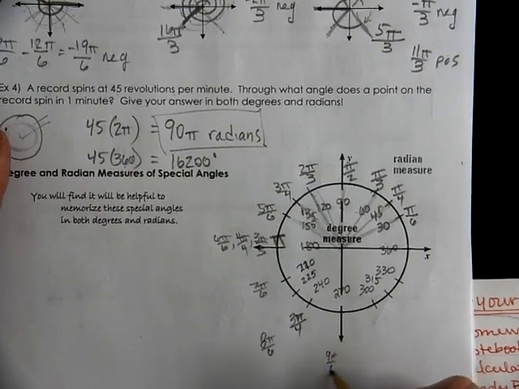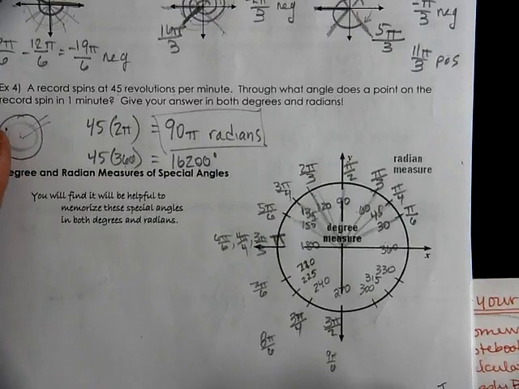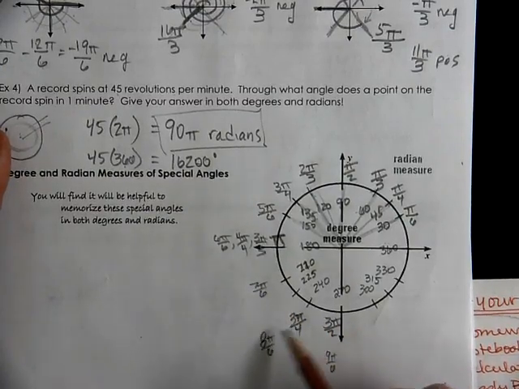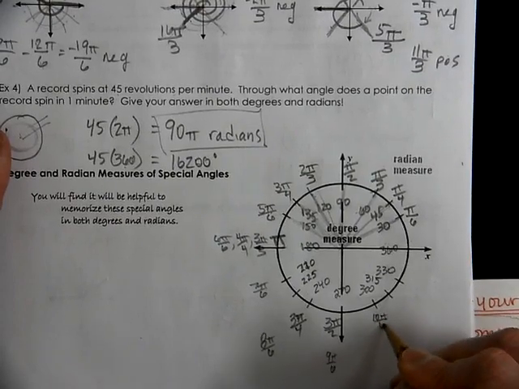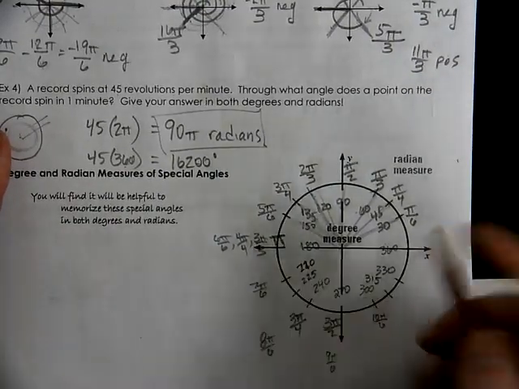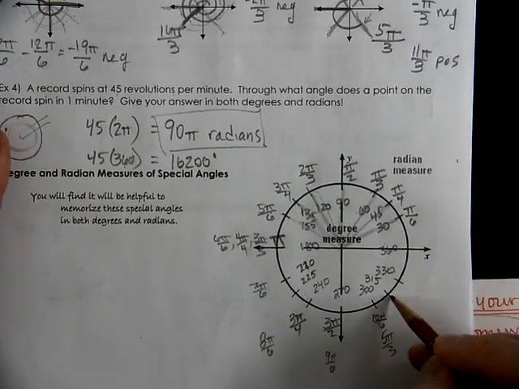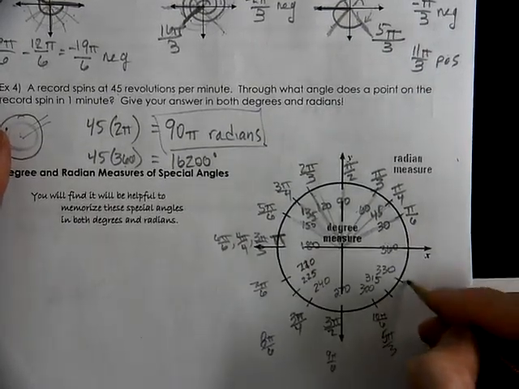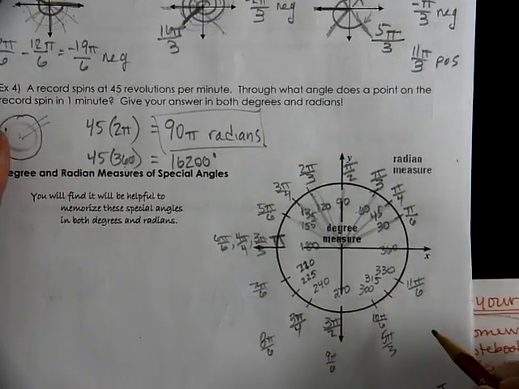This would be 9 pi over 6, which can be reduced. That's 7, that's 8, that's 9. This would be 10 pi over 6, which can be reduced. Skip the middle one. And this would be 11 pi over 6.